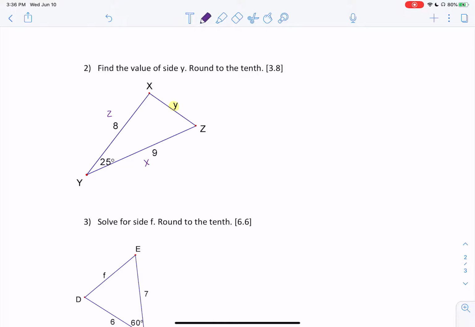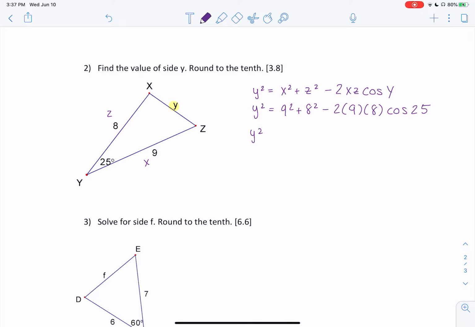So again, we're looking for a side. So little y squared is equal to my other two sides squared minus 2 times my other sides and the cosine of the same letter. So now let's fill in those values. y squared equals 9 squared plus 8 squared minus 2 times 9 times 8 cosine of 25.